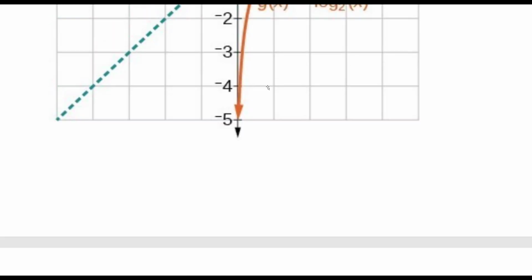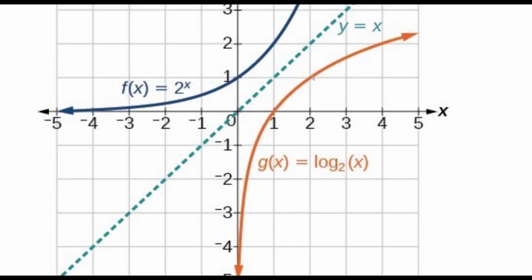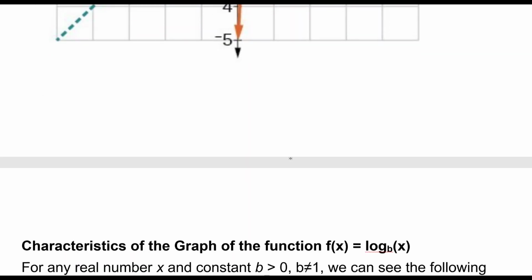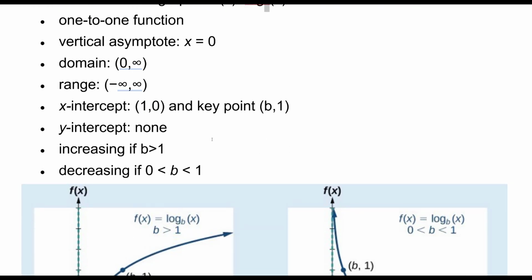Let's look at that last one. So 2, 1 should have been a point. Oh, it was. Look at that. Hope that's not making people dizzy. Y-intercept, none, because it is getting infinitely close to it, but it never touches it. It's increasing if b is greater than 1, and it's decreasing if b is between 0 and 1.